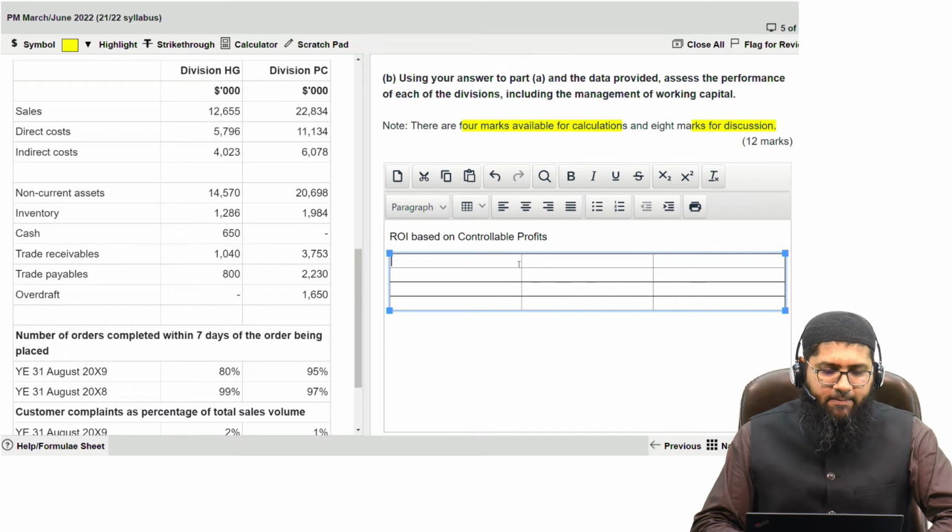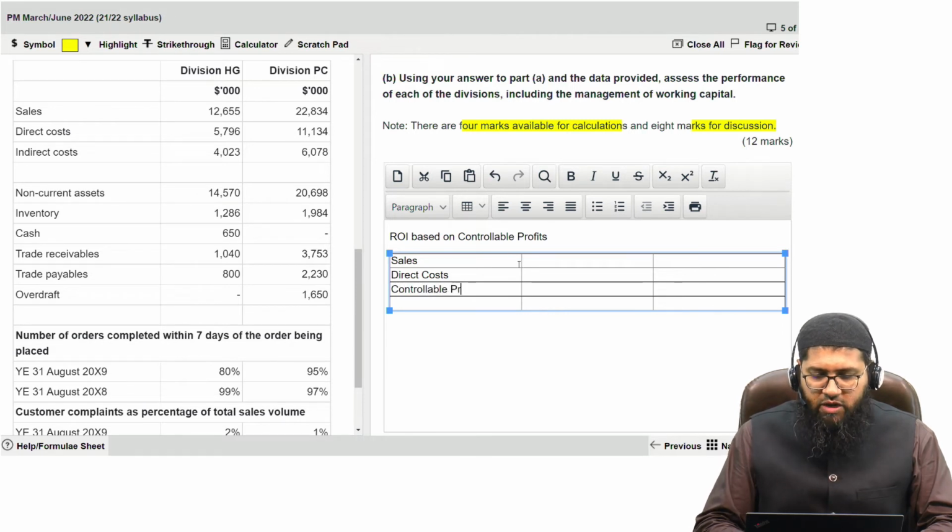What would happen is sales minus the direct cost gives controllable profit.